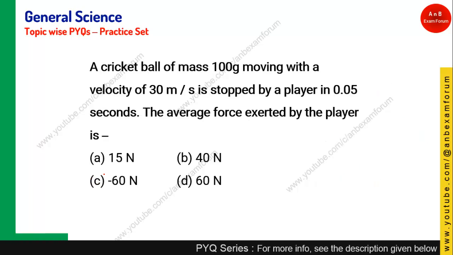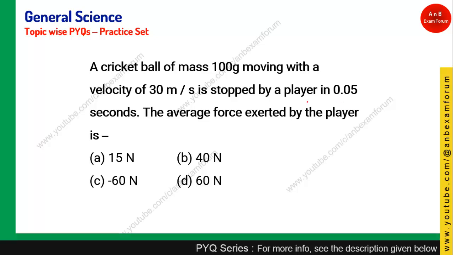Let's see the next question. A cricket ball of mass 100 gram moving with velocity 30 meter per second is stopped by a player in 0.05 second. Find the average force exerted by the player. Let's calculate it. Force is mass into acceleration.